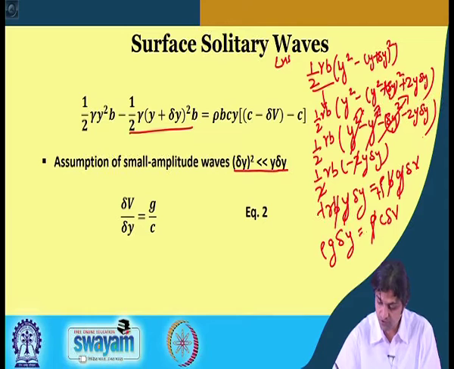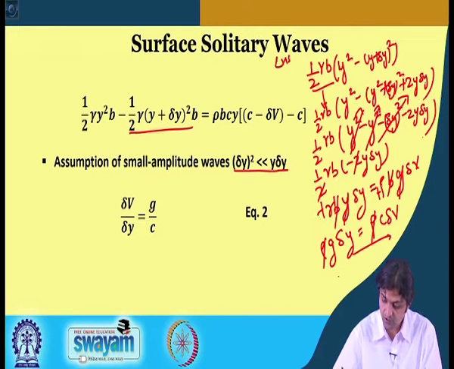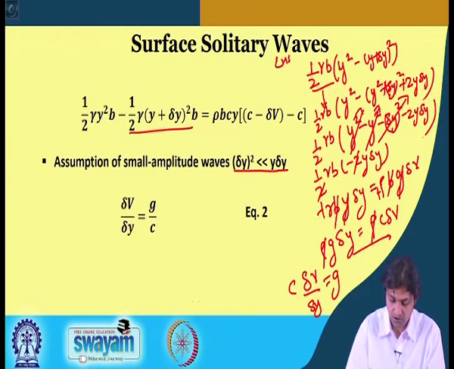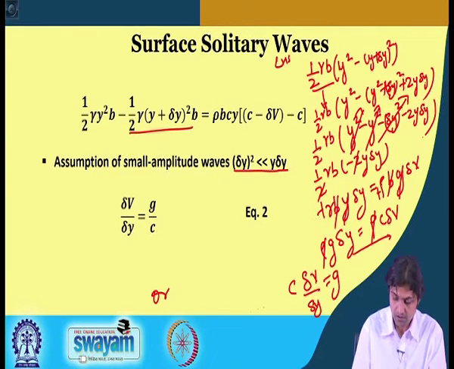Rho also gets cancelled. So, if we take delta y down, we can say that delta v by delta y is equal to g by c.